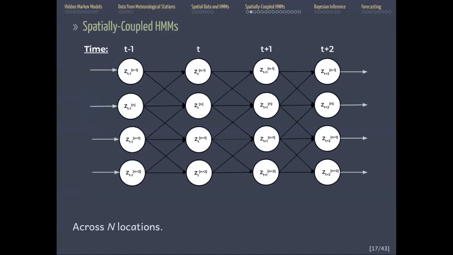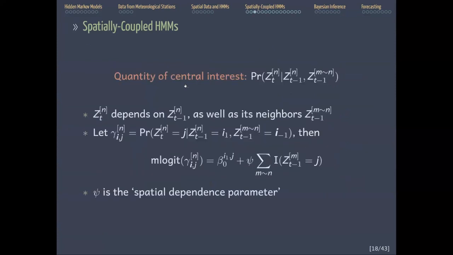And so essentially with spatially coupled hidden Markov models, you have different locations, and the locations that are neighbors are going to affect each other over time. So the quantity of central interest is really how the state switching dynamics evolve over time.